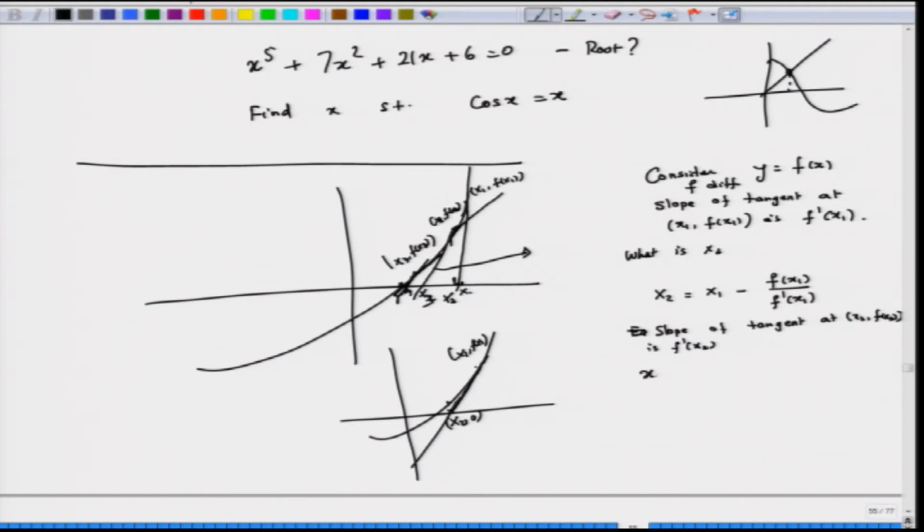So, x 3 is equal to x 2 minus f of x 2 divided by f prime of x 2. Right. So, we can continue like this. What we get is x n is equal to x n minus 1 minus f of x n minus 1 divided by f prime of x n minus 1.